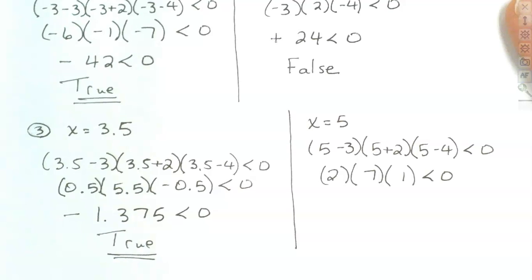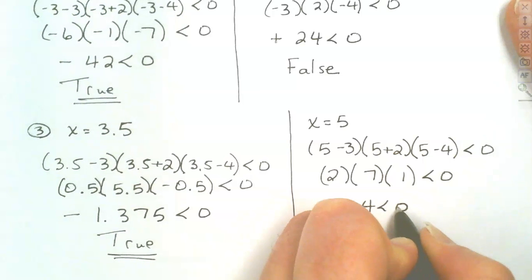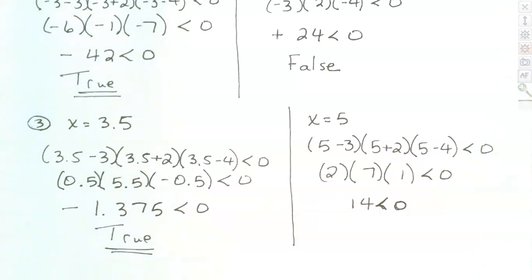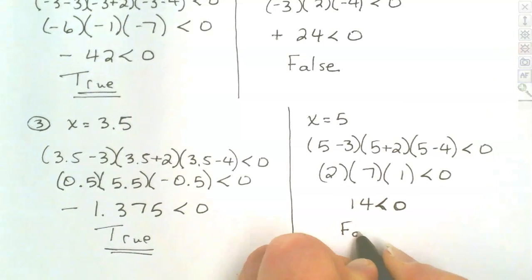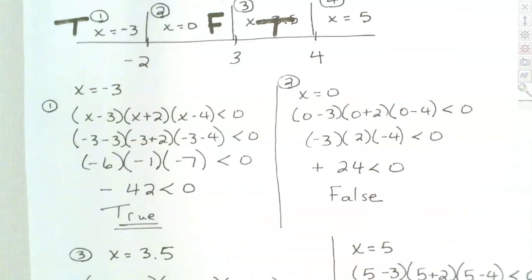No negative, so it stays positive. 2 times 7 makes it a 14. And is 14 smaller than 0? No, 14 is not smaller than 0. So that makes that region then false.